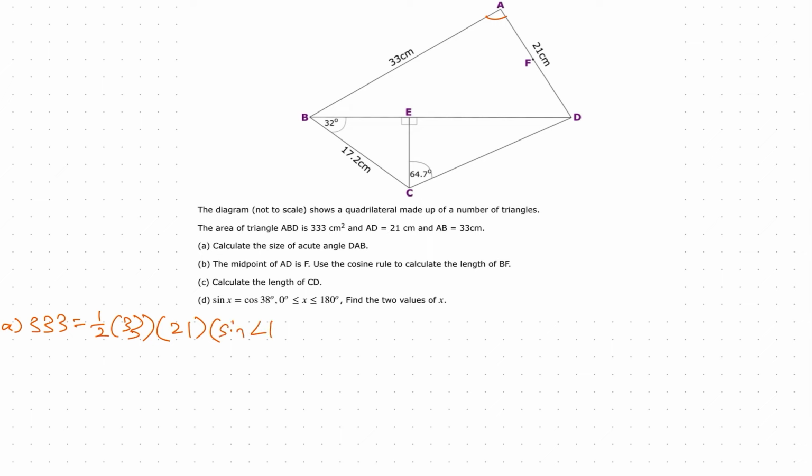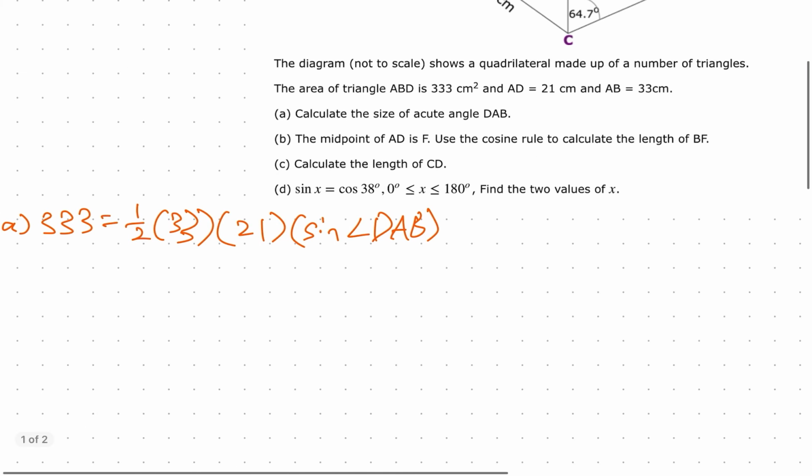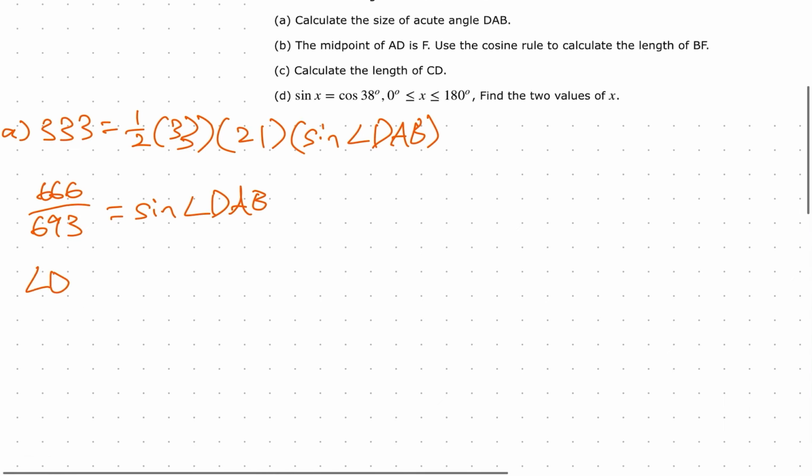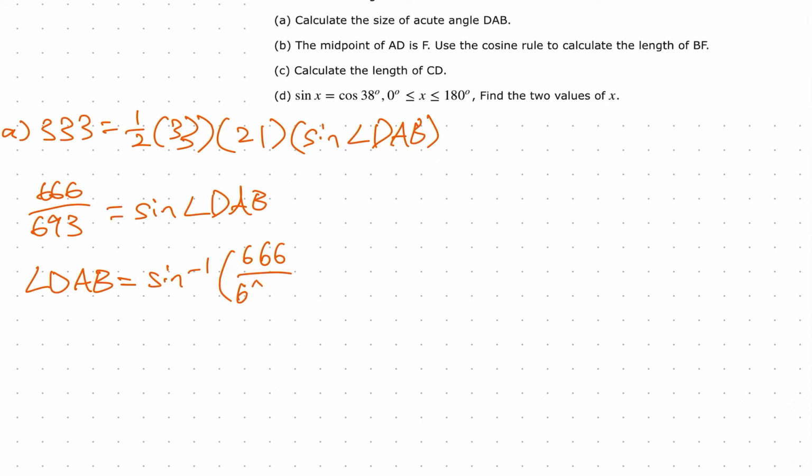Working backwards, we get 666 over 693 equals sine of angle DAB. So angle DAB equals sine inverse of 666 over 693.